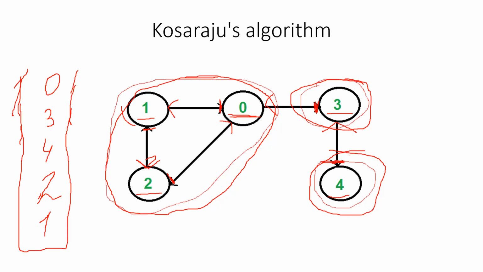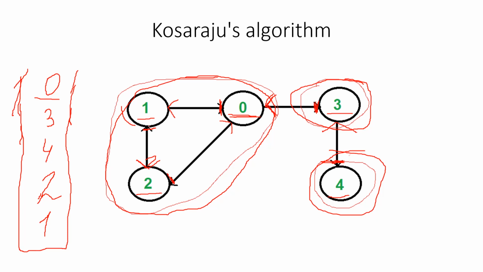So after transposing the graph, we start to extract the elements from the stack and start to discover the strongly connected components. So we start from 0. From 0, as you can see, there's only one edge. It goes to 1, right?